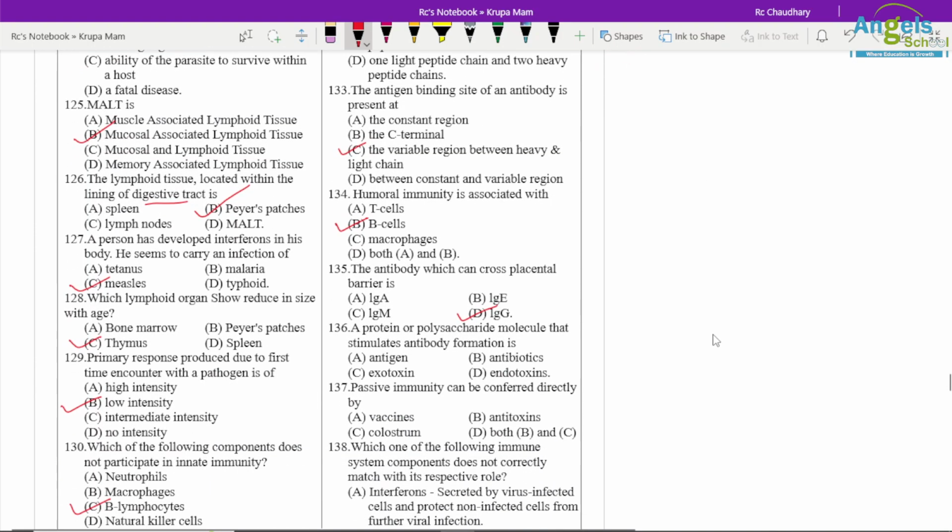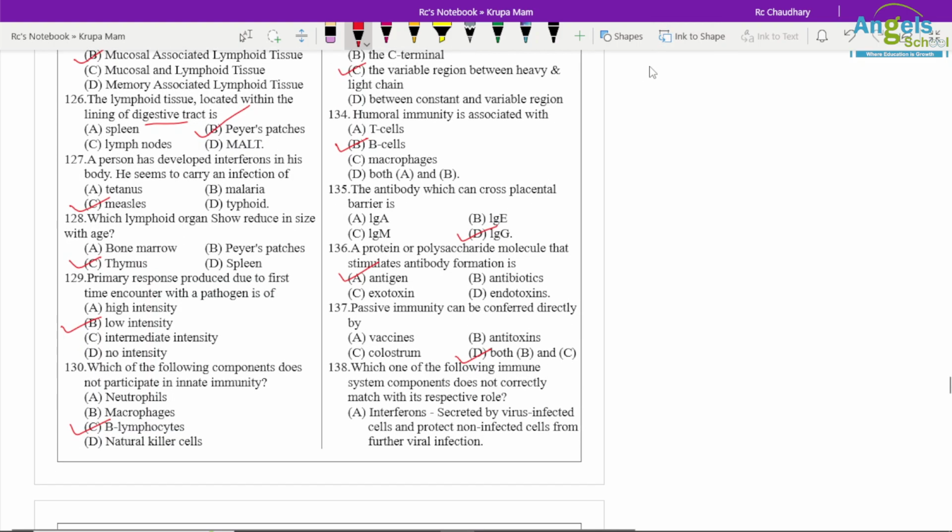A protein or polysaccharide molecule that stimulates antibody formation is called antigen only. Passive immunity can be conferred directly by colostrum, and antitoxin prepared antibody is given in passive immunity.